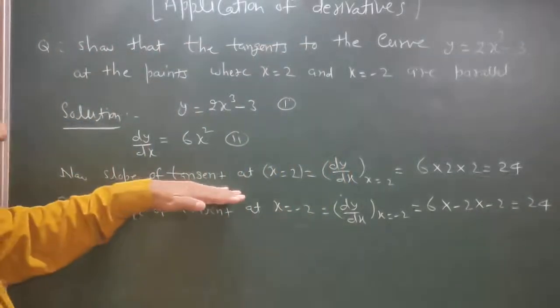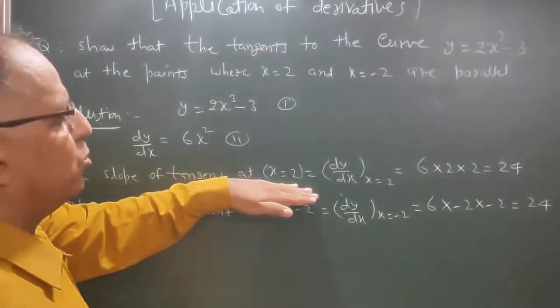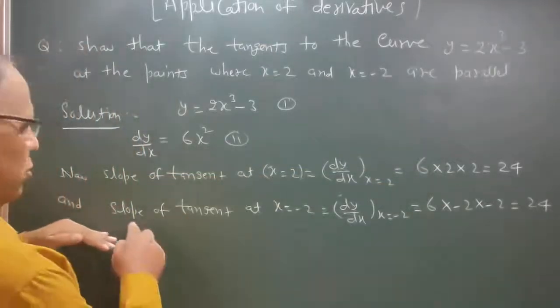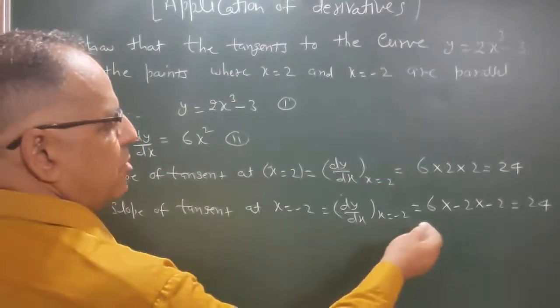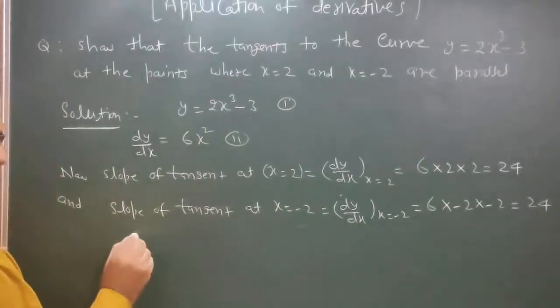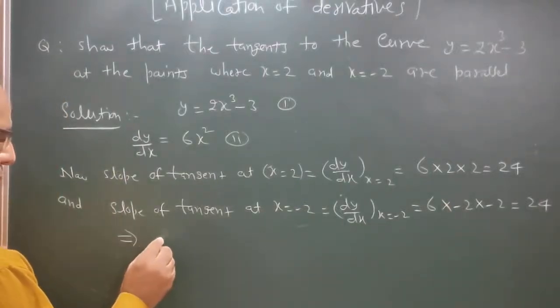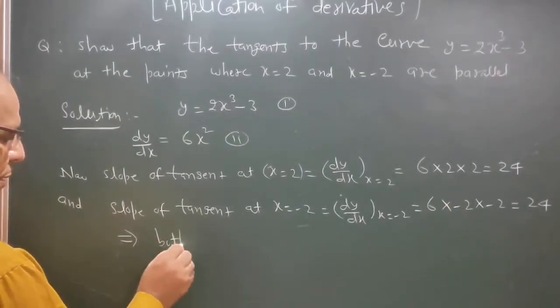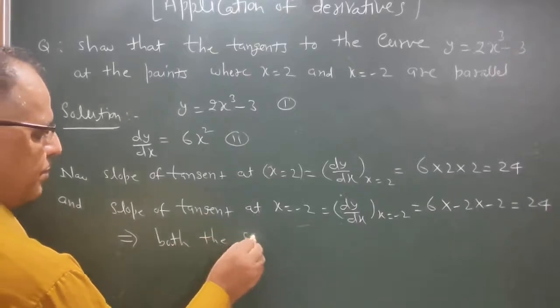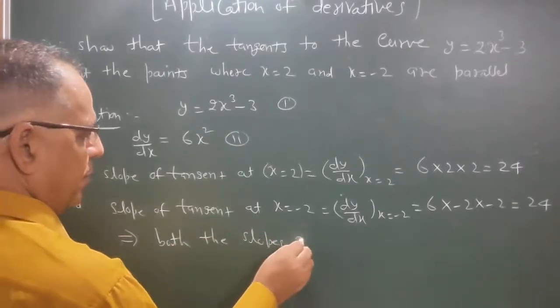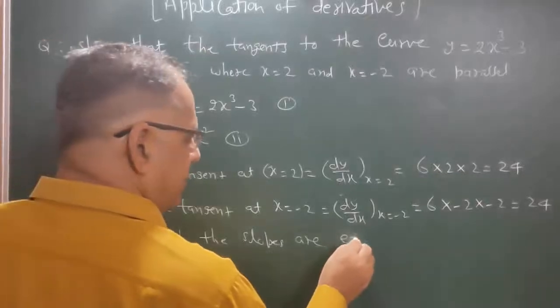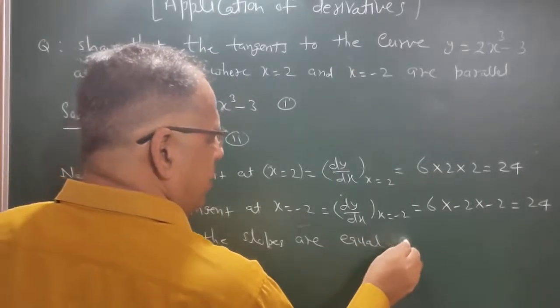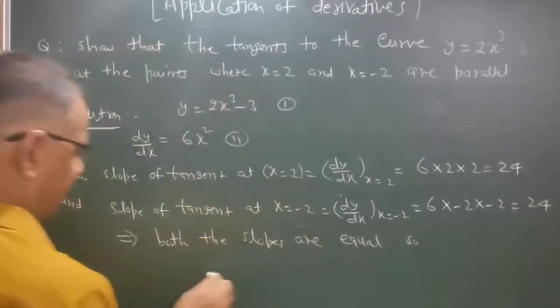So the slope of the tangent at the point x equal to 2 is 24. Similarly, the slope of the tangent at x equal to minus 2 is the same as above. Now this shows that both the slopes are equal. So tangents are parallel.